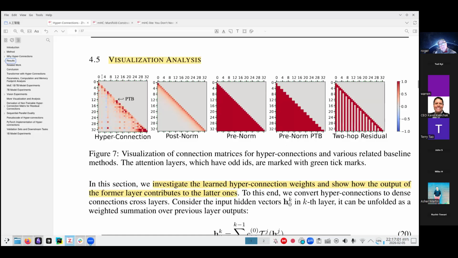For example, the zeroth, first and second layers have impact on almost all the later layers, and most layers have this kind of decayed impact from previous layers. So it's another proof that it's a mix of pre-norm and post-norm.